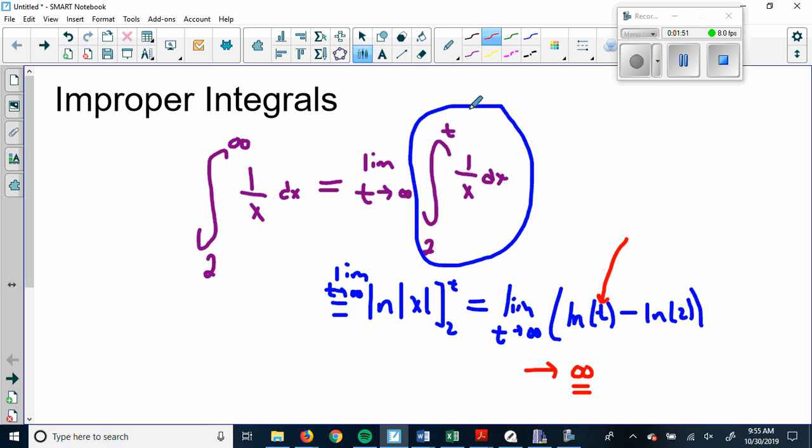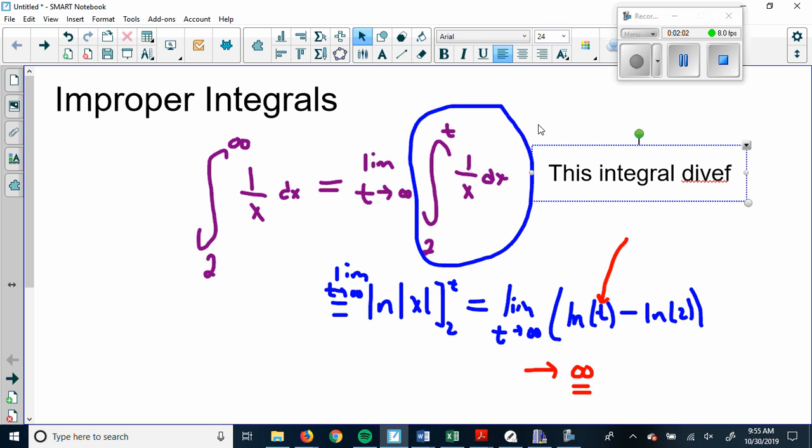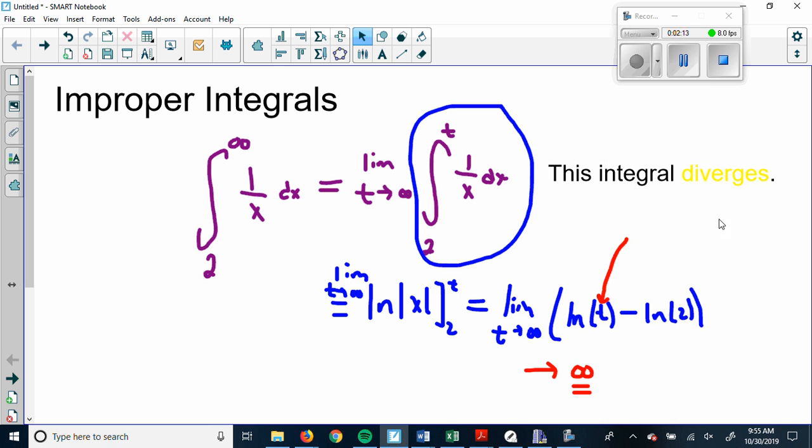We say that this integral diverges. Okay, so that's the word that we're going to use there. We say it diverges. Let's put it in a nice color of yellow. There you go. Highlighted it for you.